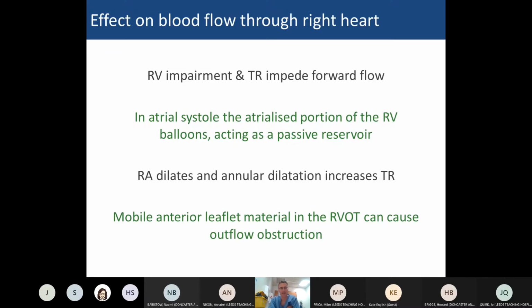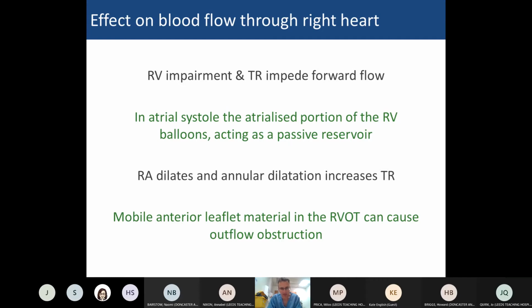So what effect does that have on cardiac function? Well, the RV is often impaired, and tricuspid regurgitation means that you have a reduction, and both of those things mean you have a reduction in forward flow out towards the lungs. In atrial systole, that atrialized portion of the right ventricle will balloon out, so it acts as a kind of passive reservoir.